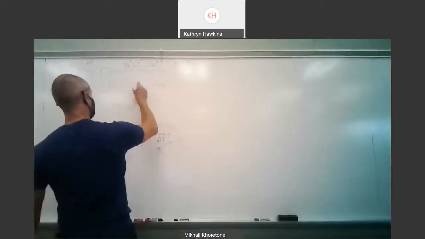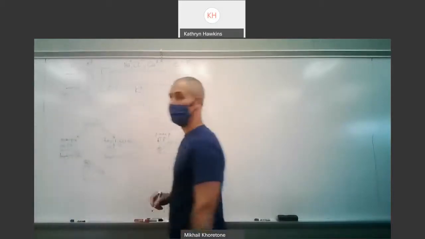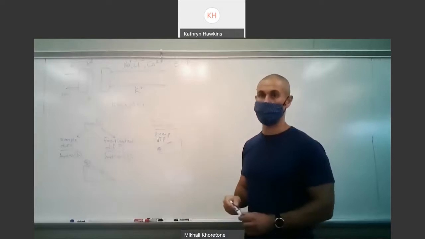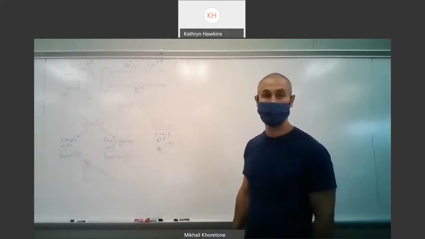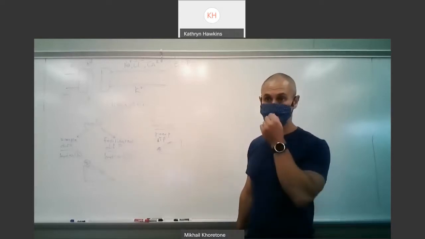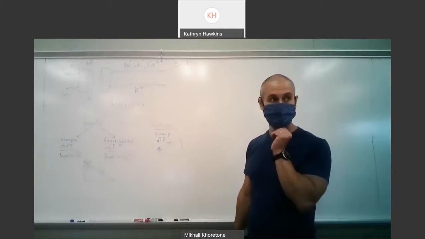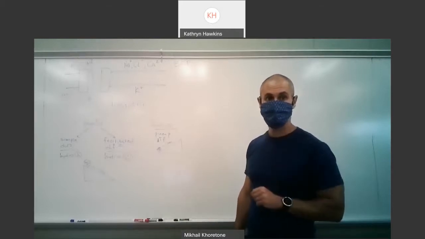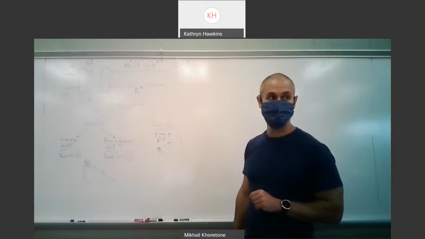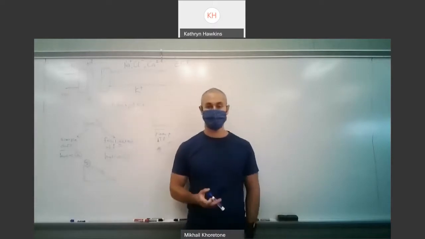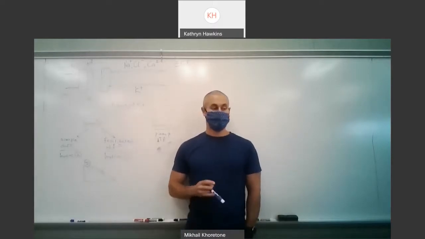And potassium concentration is higher inside of the cell. Does that make sense? So this is why I drew that sodium diffuses into the cell. So far, does that make sense to you?